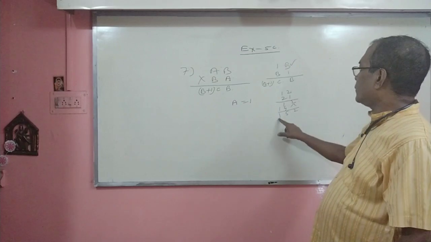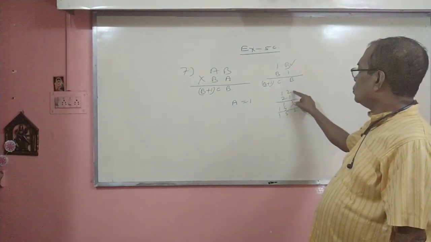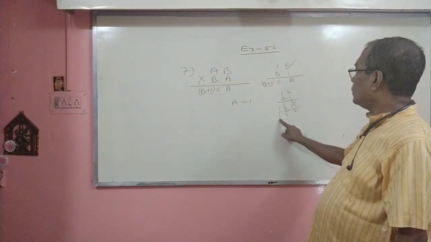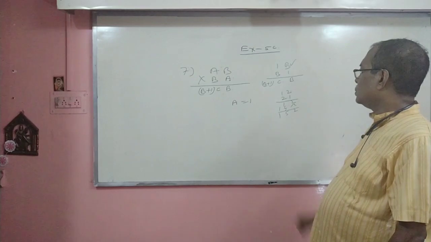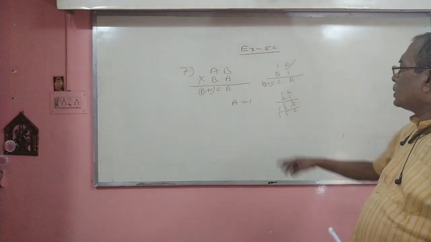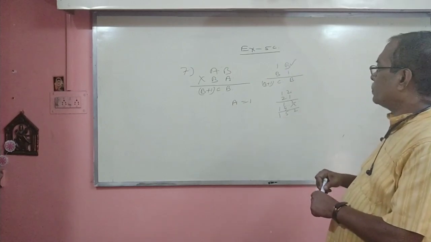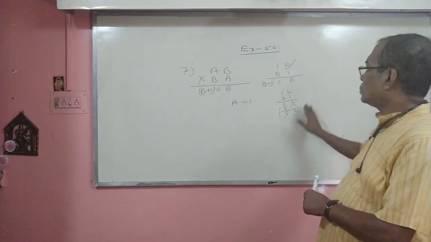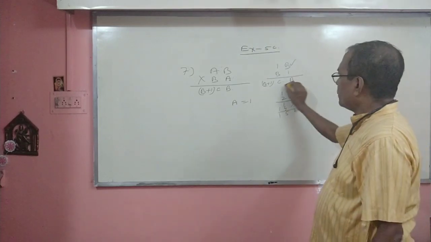No, B I have considered as 2, and B plus 1 is coming as 1. So it is not appropriate. So with 2 it will not work. Like that you have to try one by one.